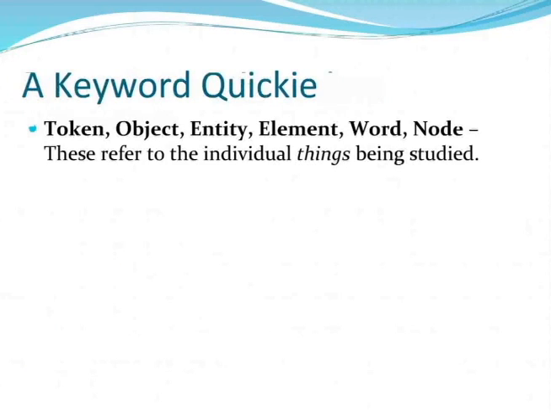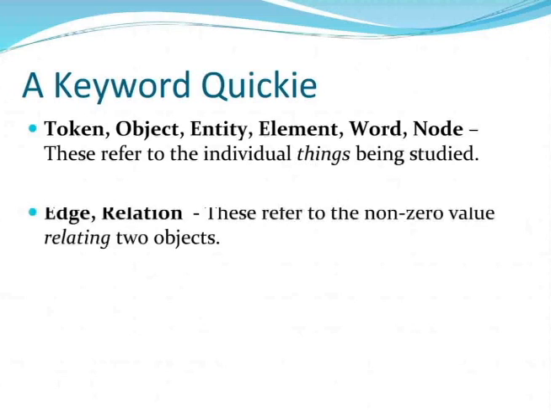Okay, for the keyword quickie. There are a lot of different ways to refer to the objects that we deal with as our data. Tokens are a common term in text analysis, as are objects, entities, elements. These are all the things we're studying. I will use these terms interchangeably.